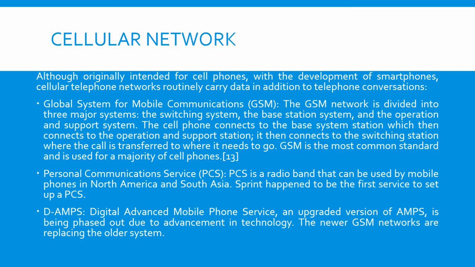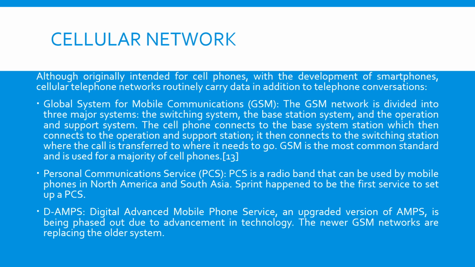Then we have, again, the cellular network that comprises different types of technologies or components. The very first component that we include in the cellular network is the GSM, that is the Global System for Mobile Communications. The GSM is the type of technology that is used to connect to the network.